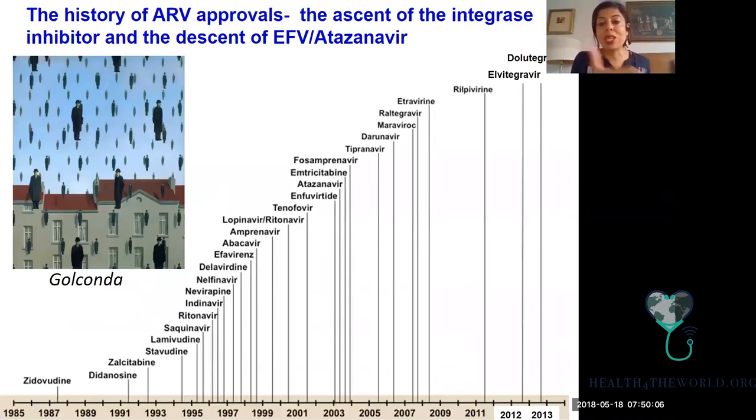I do want to just say that because we couldn't go over all of these HIV medications, of course, in this talk, we, starting from the late 1980s, have had a number of HIV medications come out. It's really been amazing to be able to treat HIV because of all of these directed and targeted drug therapies that are available.